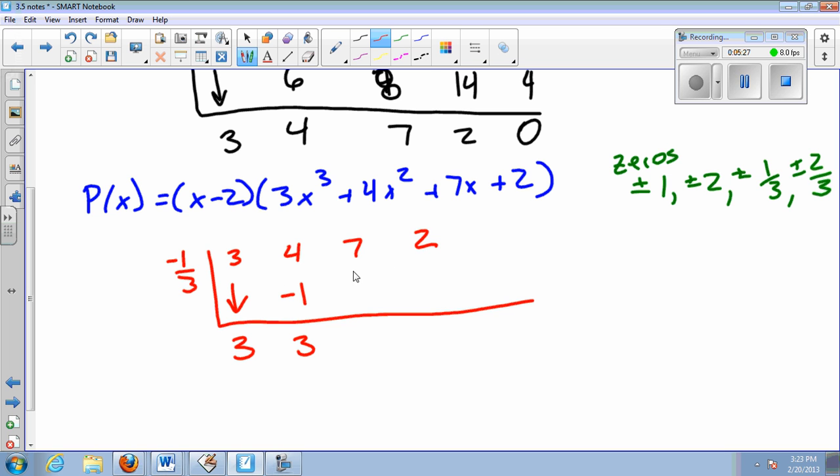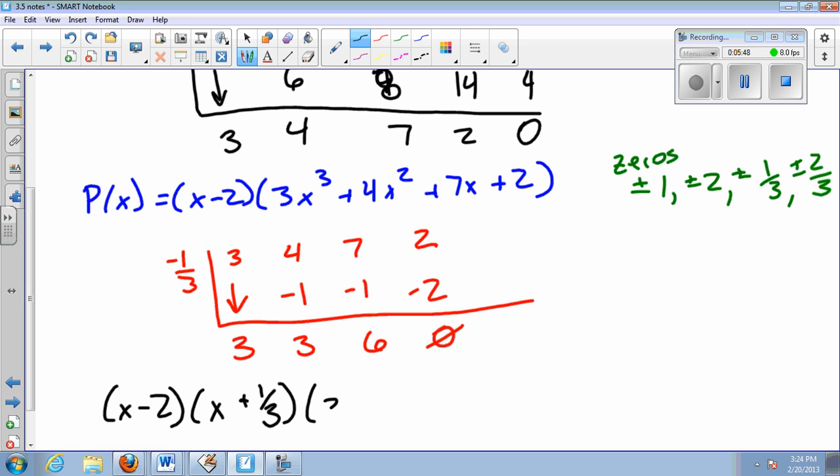Luckily, this one's working out well with multiplying by a fraction. So now we are at x minus 2 times x plus 1/3 times 3x squared plus 3x plus 6.